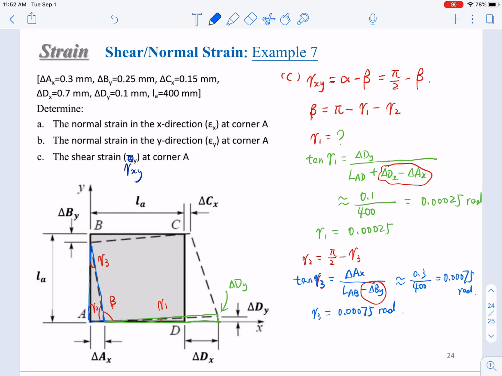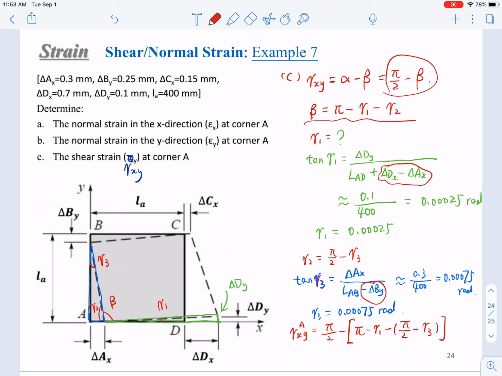Now you can see that gamma xy at point A equals pi over 2 minus beta, and beta equals pi minus gamma 1 minus gamma 2, and gamma 2 equals pi over 2 minus gamma 3.